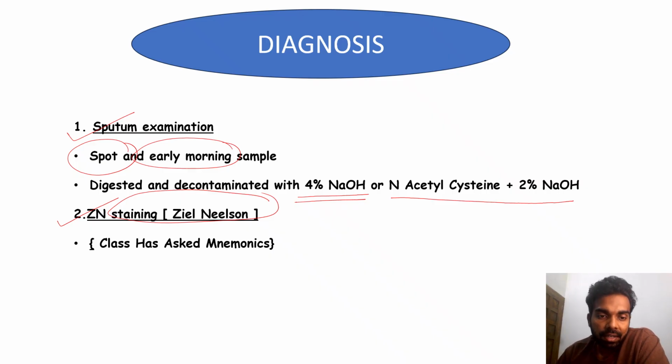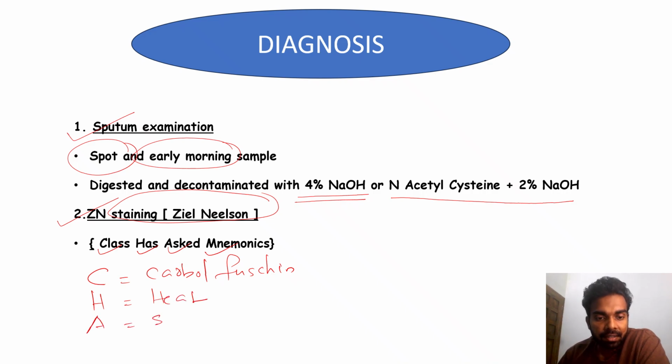So I have written a mnemonic: CHAM. C means carbol fuchsin. H is heat.